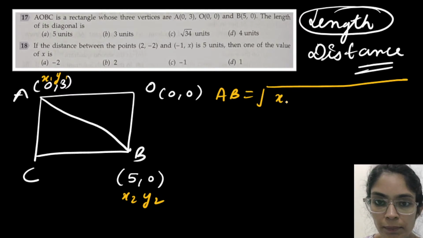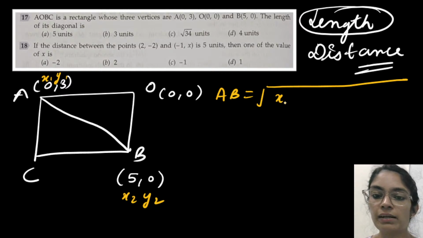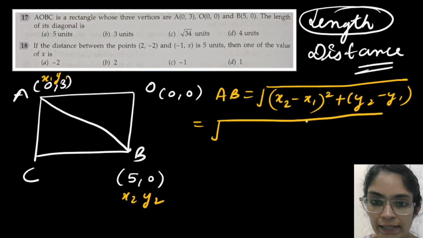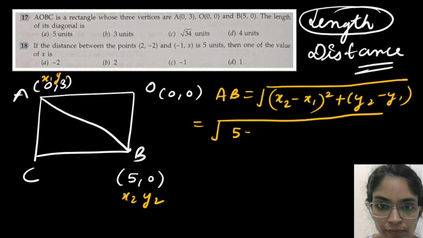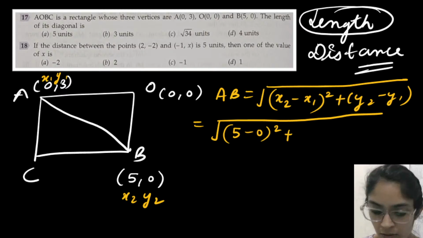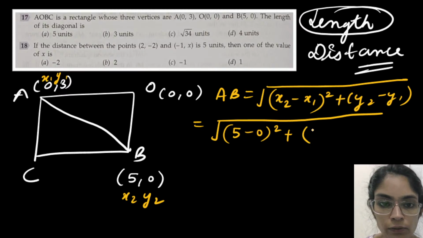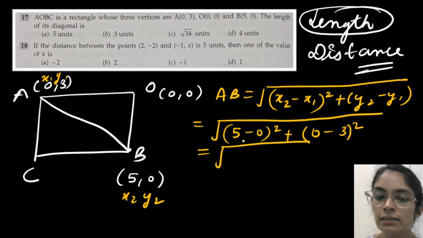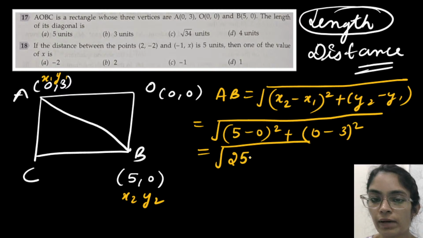Whenever length we have to find, we apply the distance formula. So x2 minus x1 whole square plus y2 minus y1 whole square. x2 is 5, so 5 minus 0, plus y2 is 0 minus 3. So 5 minus 0 is 5, 5 square is 25, plus 0 minus 3 is -3, -3 square is 9. So 25 plus 9.